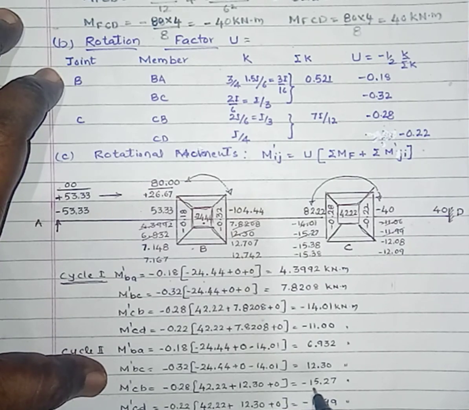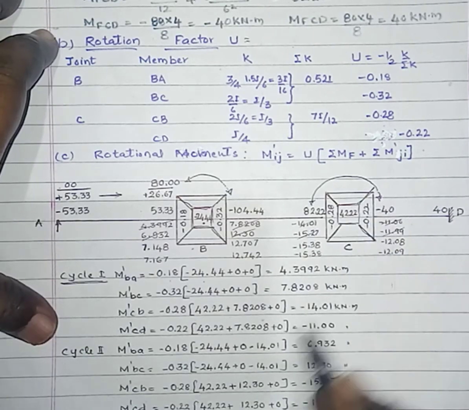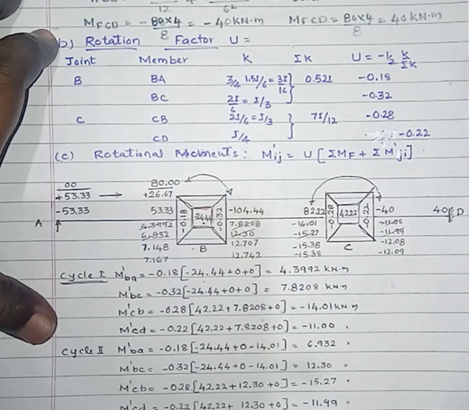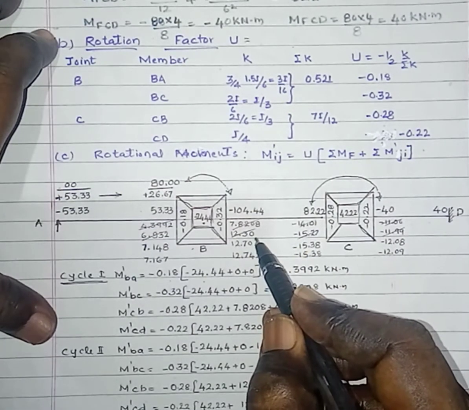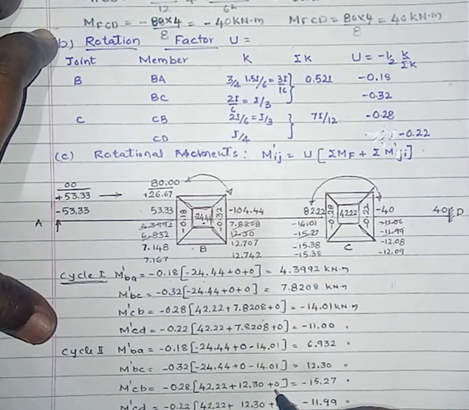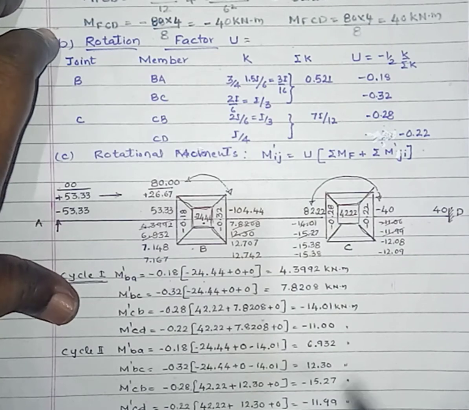Therefore, after simplification, you will get minus 15.27 kilonewton meter. M dash CD, here the rotational factor, that is minus 0.22. Inside of the bracket, sum of the fixed end moment, that is 42.22, plus far end moment, that is 12.30, plus another far end D, that is 0. Therefore, that one is minus 11.99.